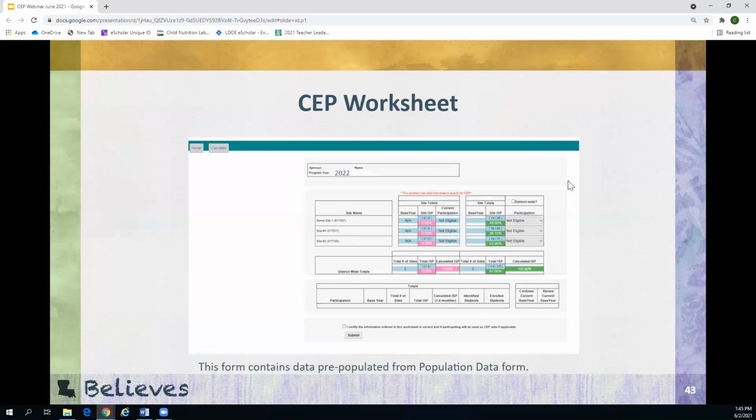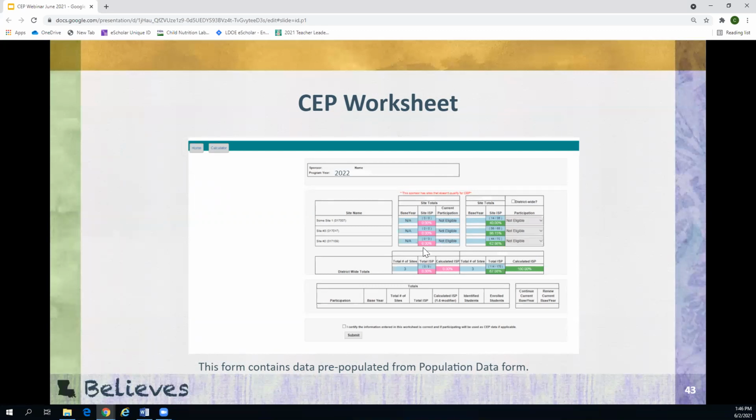From your population data, you'll then go to the worksheet, and here it'll pull all of the information that you just submitted from your population data. If you pay attention, this first group right here includes the information that you are already using for CEP, whether it be from the prior year or from a base year of 2018.